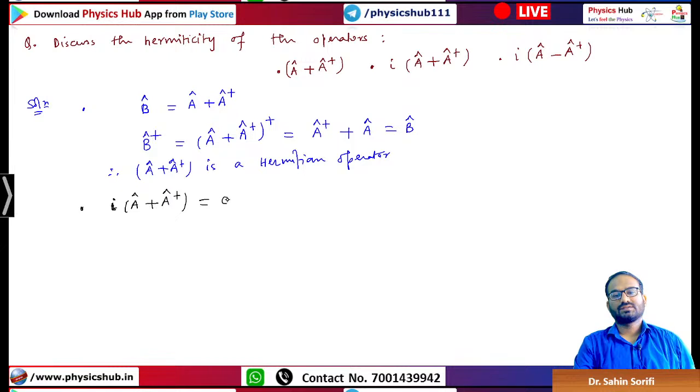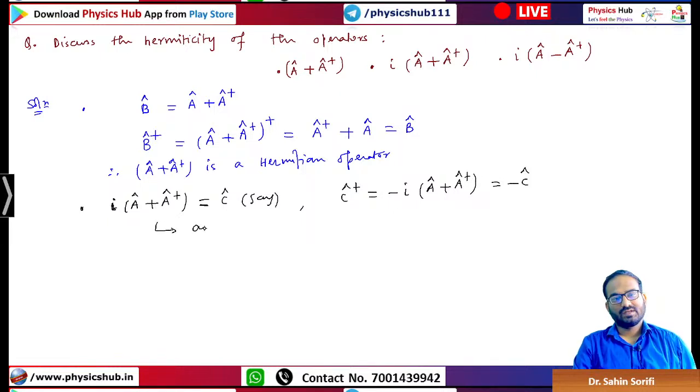Let's say it is C. So what about C dagger? C dagger will be, I am just writing it directly, minus i times (A plus A dagger). So that is minus C. So this one is anti-Hermitian.